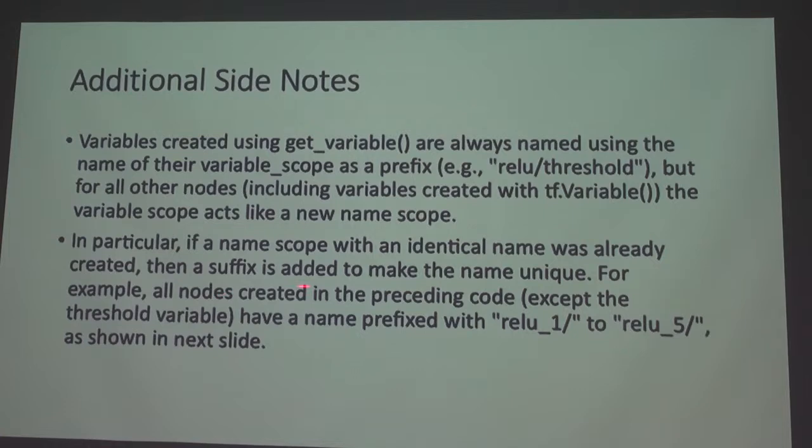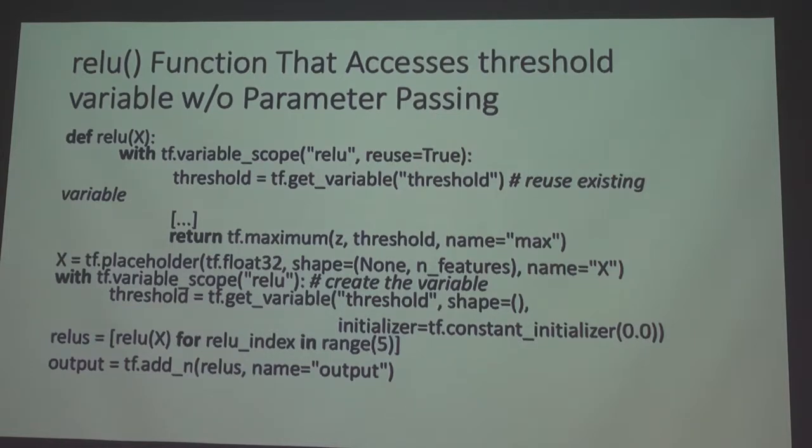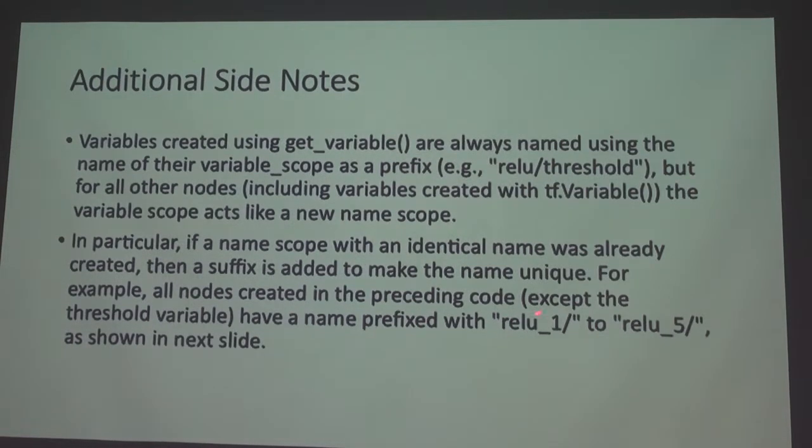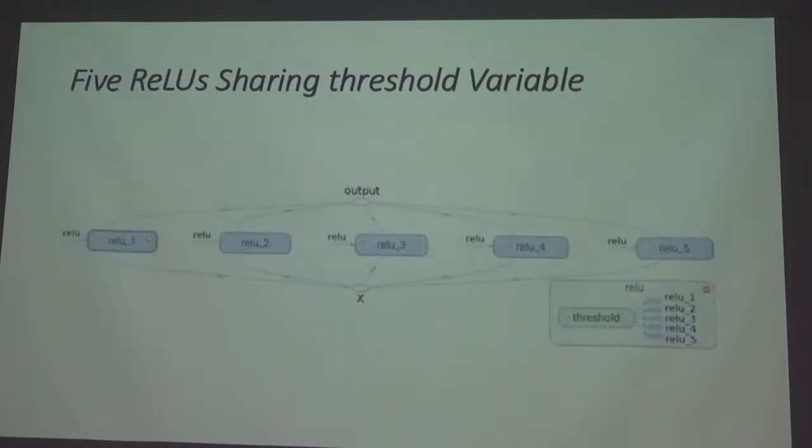For example, all nodes created in the preceding code, in the code that we have here, except the threshold variable, have a name prefix from redo_1 to redo_5.